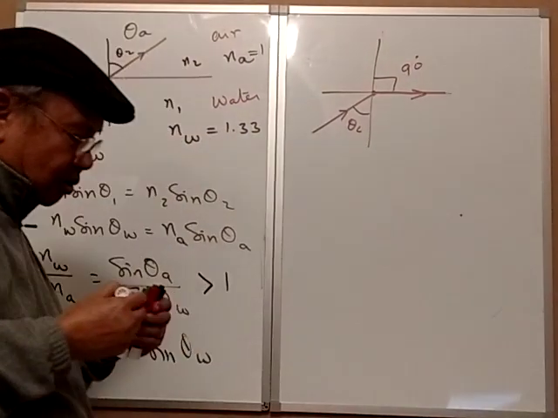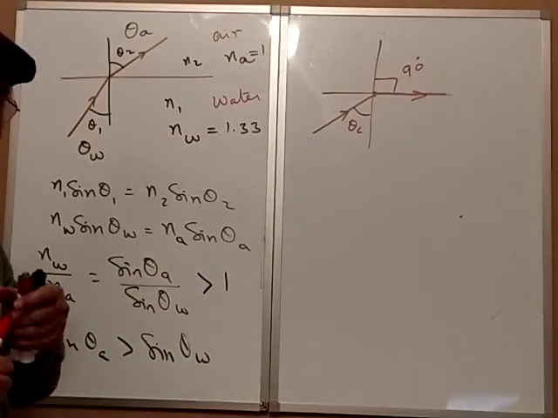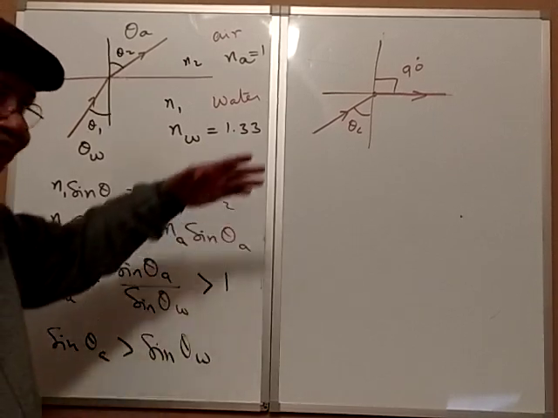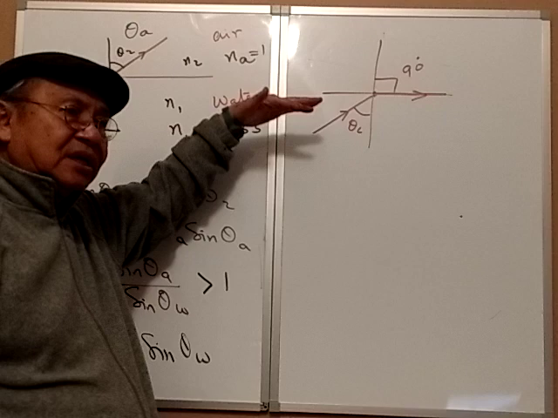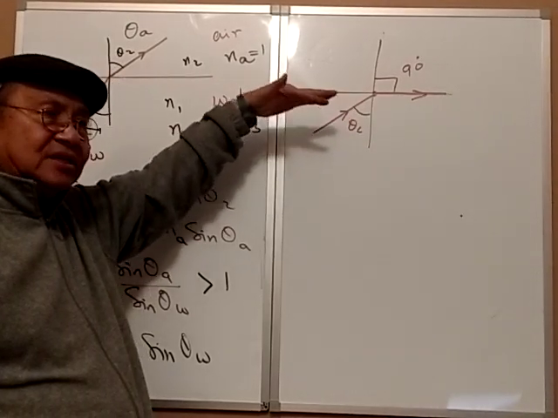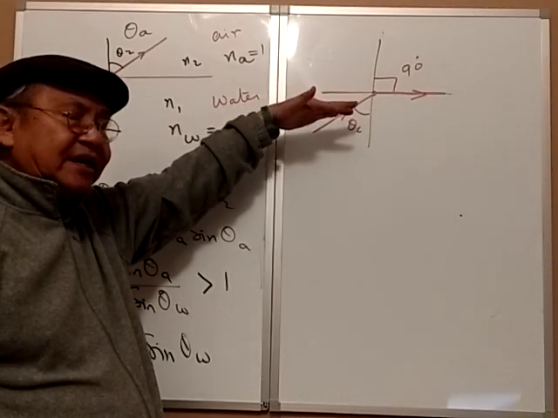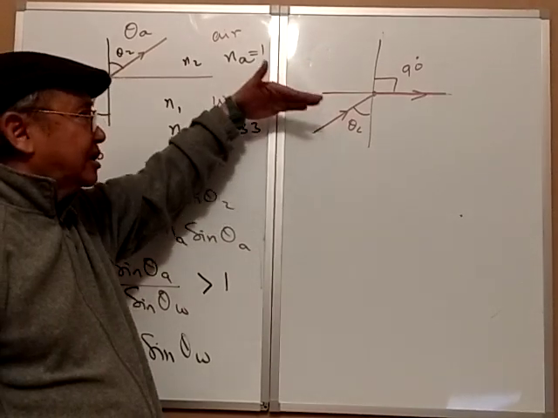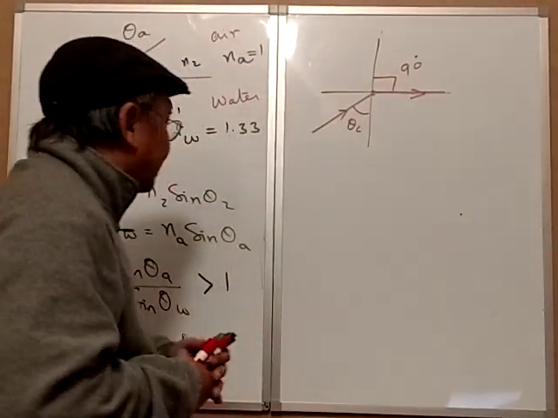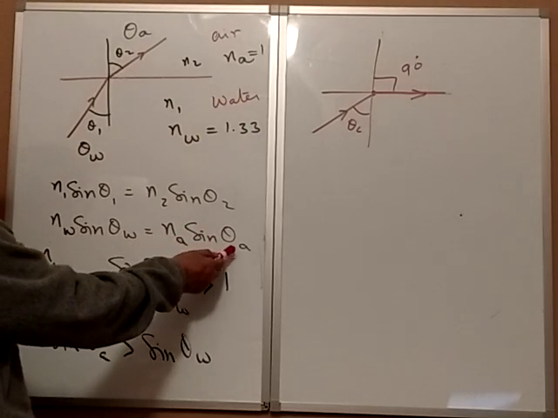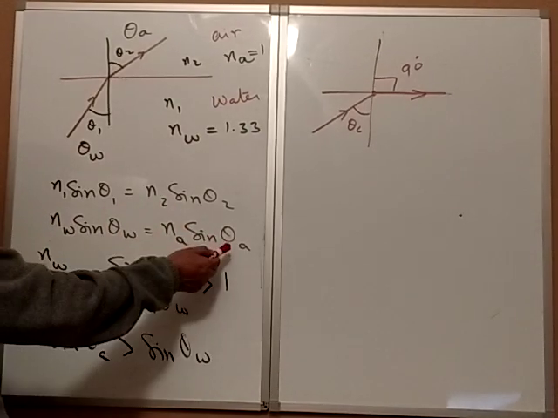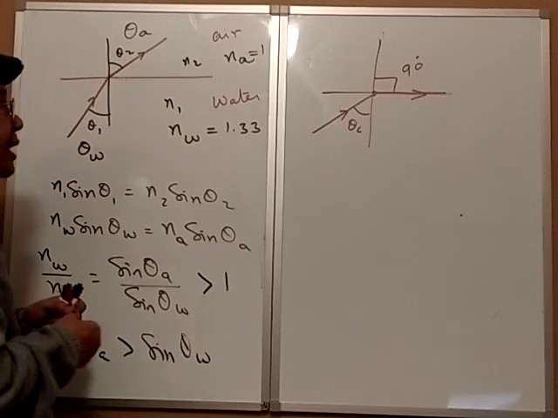All you have to remember is that at the critical angle, the refracted angle is 90 degrees, or the ray is just parallel to the surface. So in this case, the refracted angle theta A will be 90 degrees, okay?